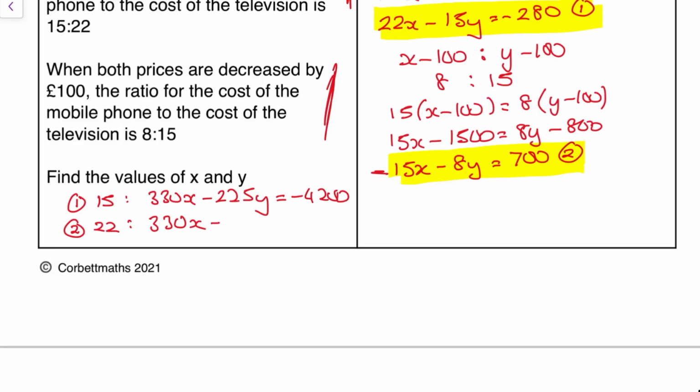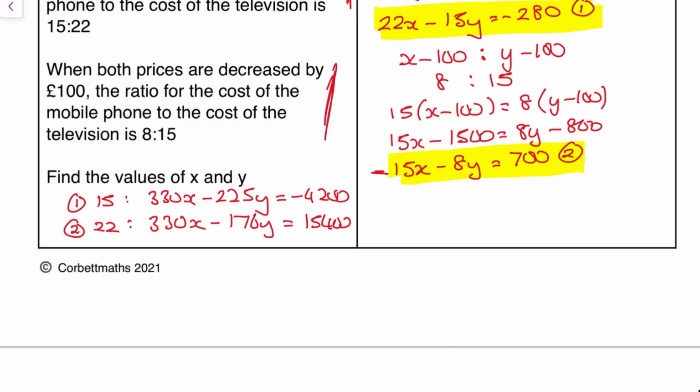Minus 8 times 22 is 176y is equal to 700 times 22, which is 15400. Okay, I'm not enjoying this so far. Before I go any further, if these are really horrible numbers, I've probably made an error. I'm fully expecting these to be nice numbers. I think that somebody's worked out the numbers so they work out reasonably nicely.